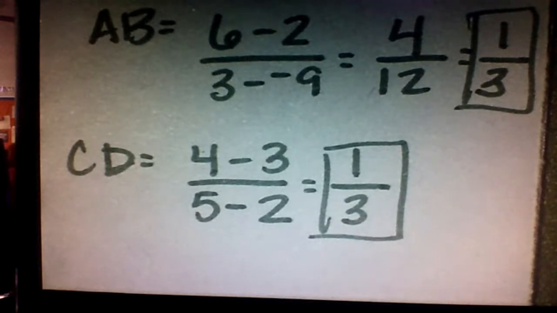Okay, the biggest problem that I'm seeing right now is a lot of you are getting 4/12, but you're giving me just 1/1. 4/12 is not 3. They're both divisible by 4, so I can divide it by 4, and I get 1/3. 3 would be 12/4.